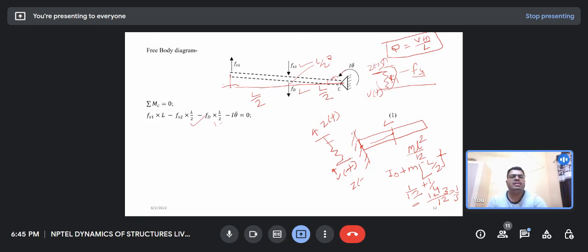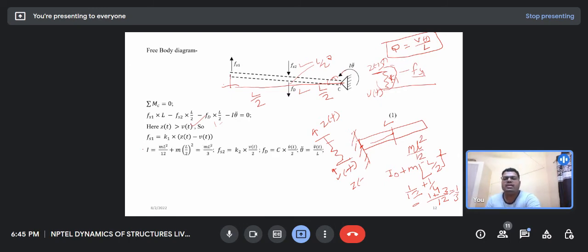If z is equal to vt or less than, then the force is not developed that much in this spring. So Fs1 will be developed if zt is greater than vt, so Fs1 will be K1 into zt minus vt.